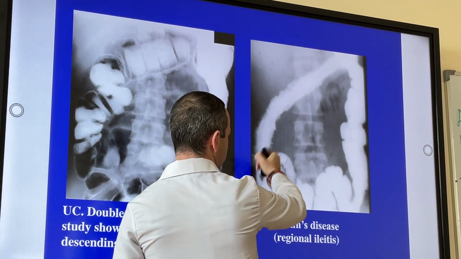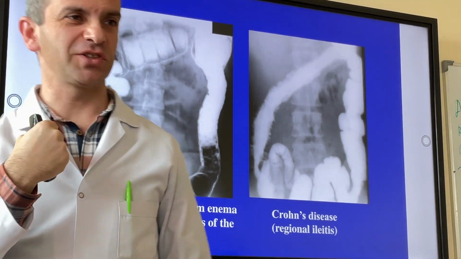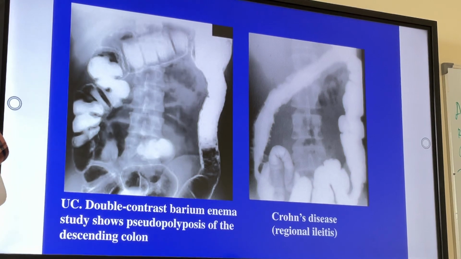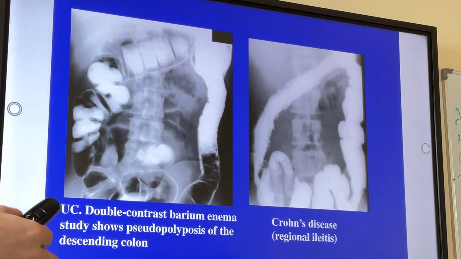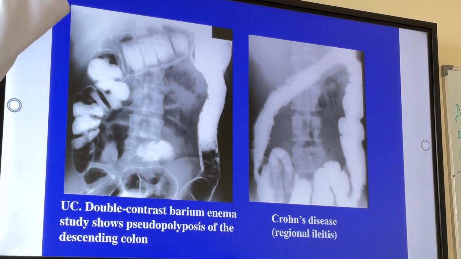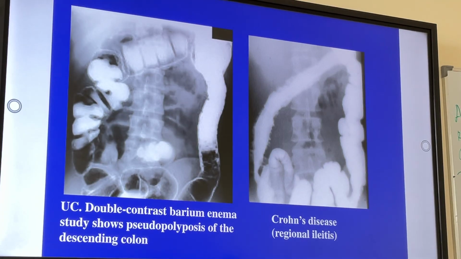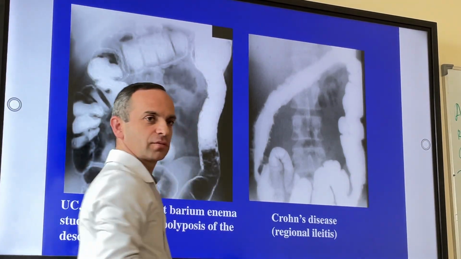You see, it is narrow. It means that contrast is not passing normally. Barium follow-through, which is the typical site, the ileocecal region, regional ileitis. More or less the diameter of the lumen should be the same. Now we obviously see this narrowing.